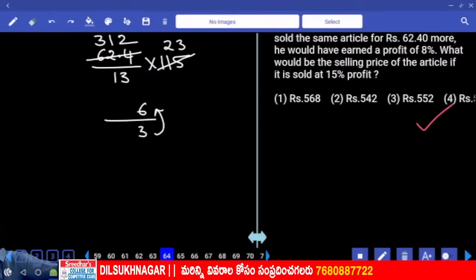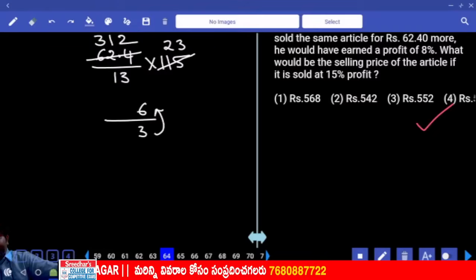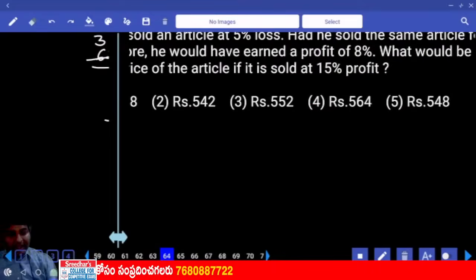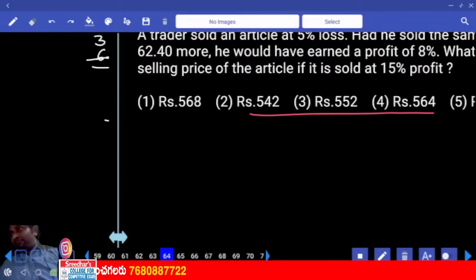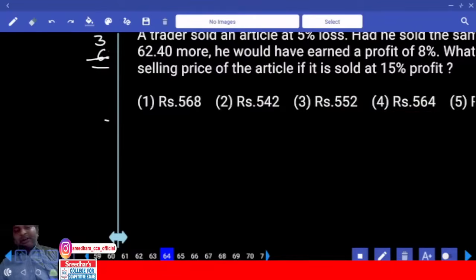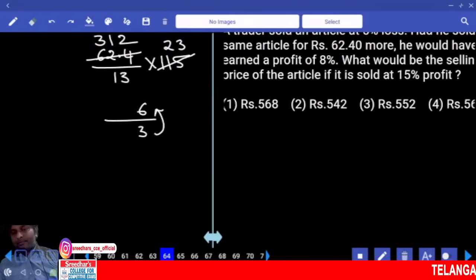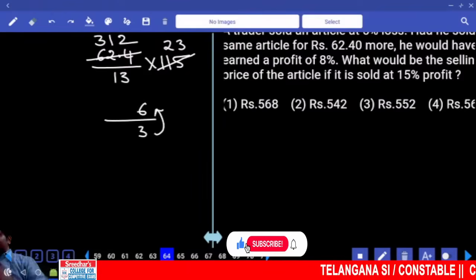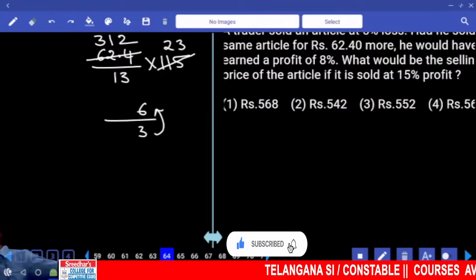Already first, second, fifth are eliminated. Among third option and fourth option only we have. And we know that answer ends with 2. Third final. The highest multiple which I know is 11.